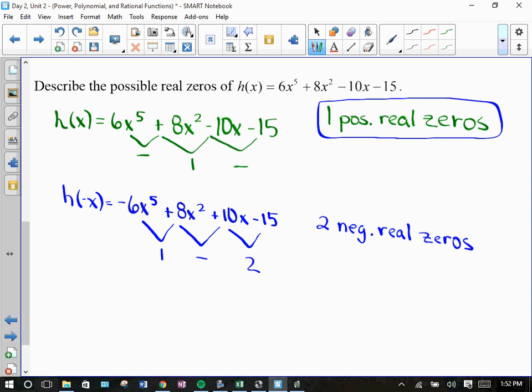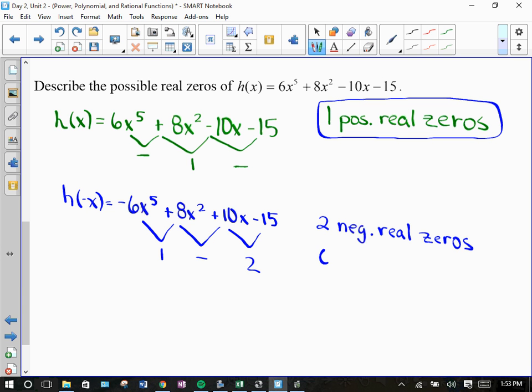Why not? I'm more concerned about whether or not I can have a different number of negative real zeros. Zero. Why? Subtract 2.